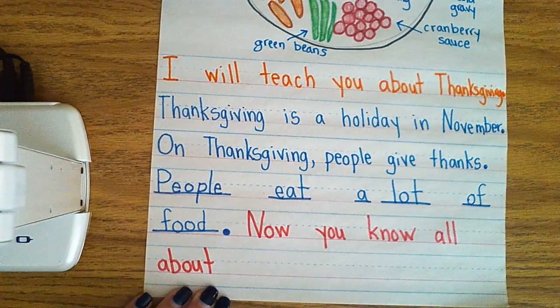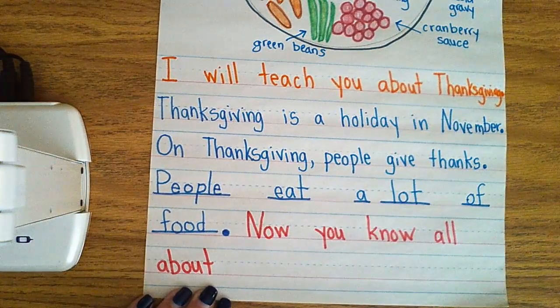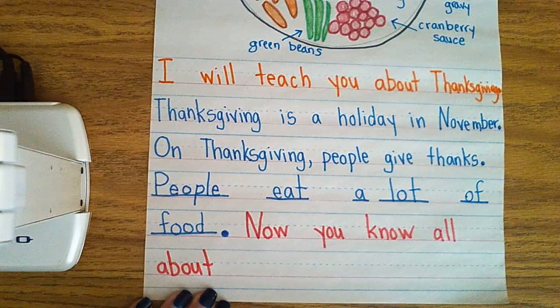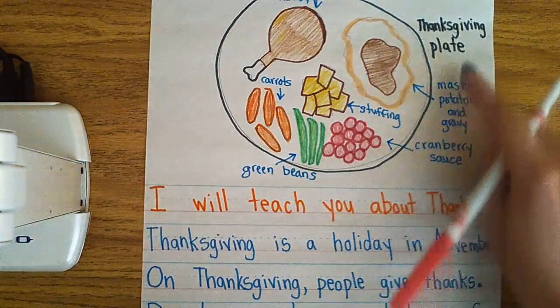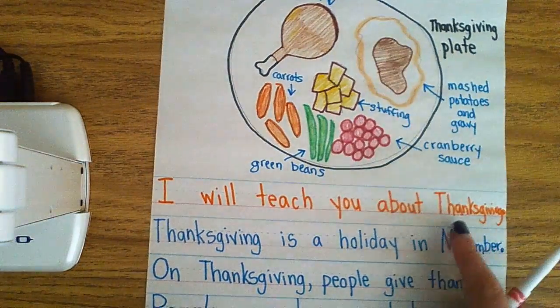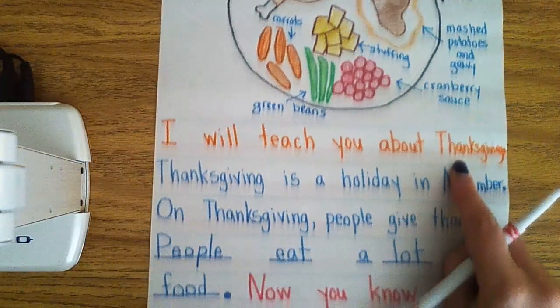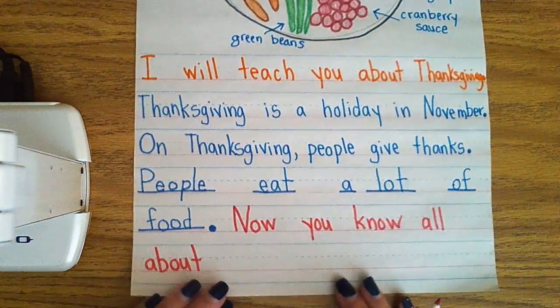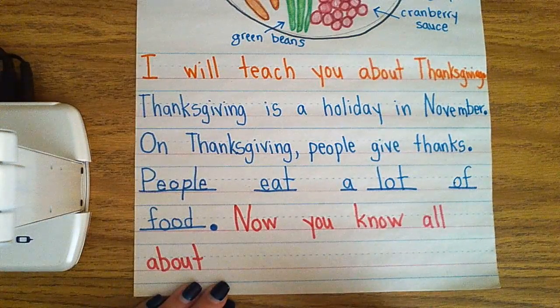Miss Burns, I don't know how to spell Thanksgiving. Well, friends, do you see it anywhere else in your paragraph? I do. I see it up in my teaching picture. I see it at the end of my topic sentence, and I see it in 2 of my teaching sentences. So I'm just going to snag it from one of my teaching sentences.